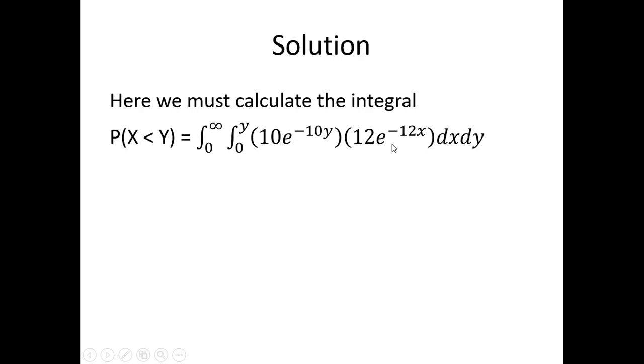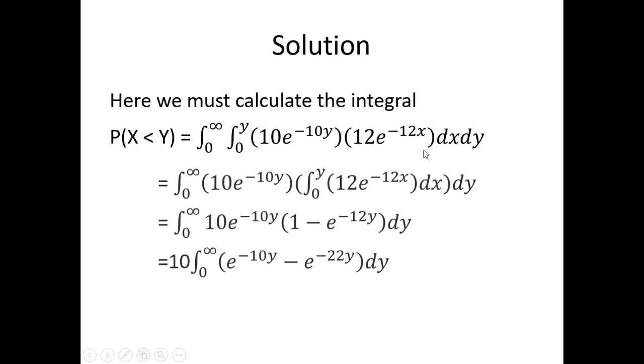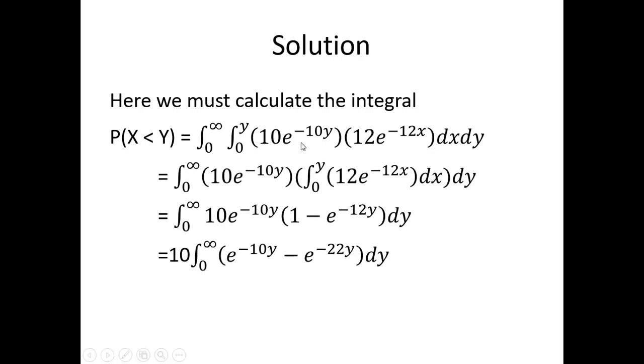Okay, but now we could separate this a little bit, and we could express this first integral. I could take the terms with y out. When we integrate with respect to x first, we treat this part as a constant. So I can take this outside of my integral when I'm integrating with respect to x, and then work out this integral first.